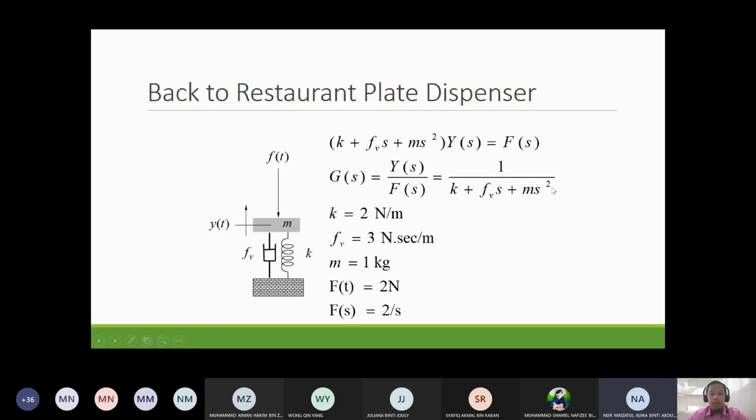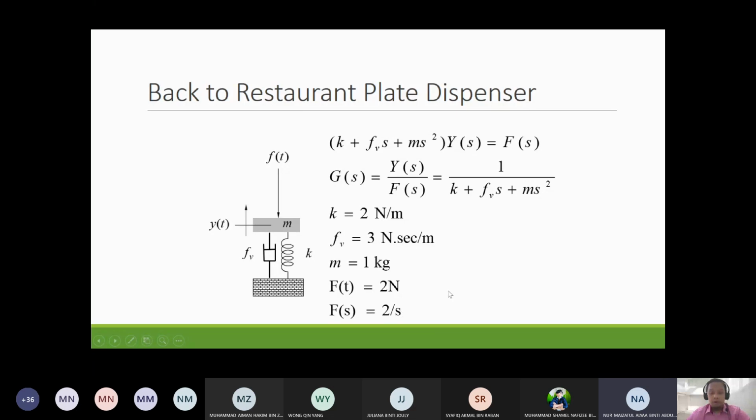K plus Fv s plus M s squared. So let's say you are given these values: K equals 2 Newton per meter, Fv equals 3 Newton second per meter, and M is 1 kg. And then the force F equals 2 Newton. In frequency domain, it becomes 2 over s. You just convert using Laplace transform, you get 2 over s.